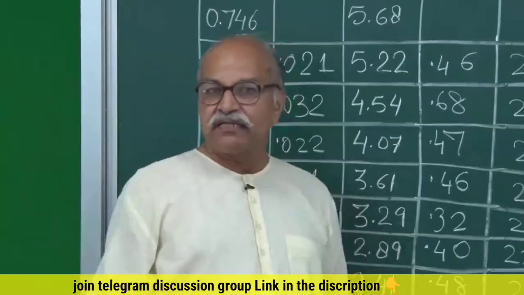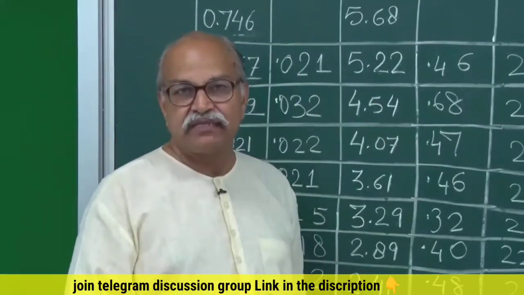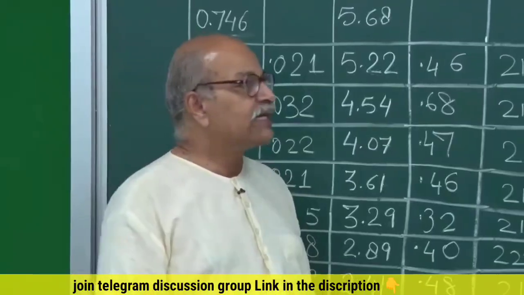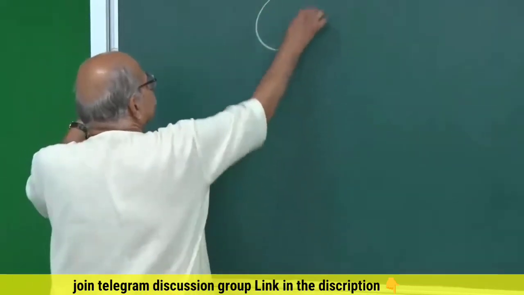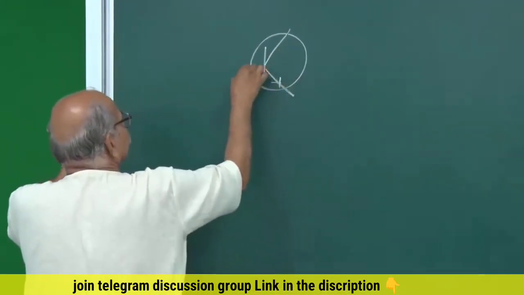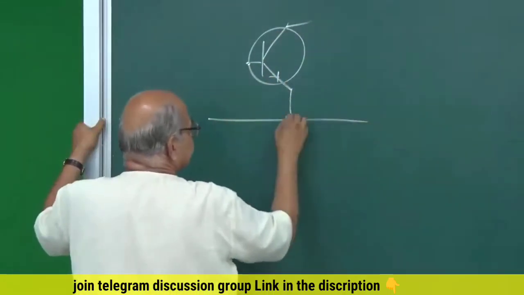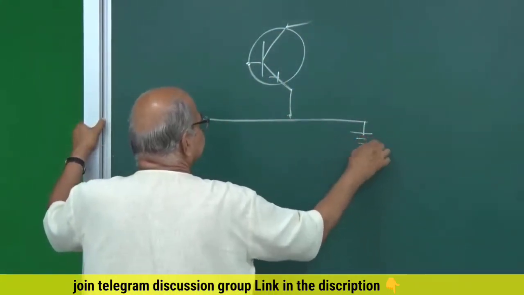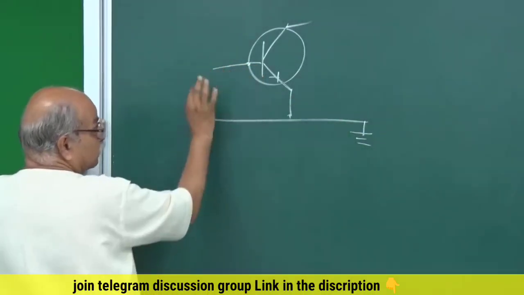So the circuit of a transistor as a switch will be the same as this common emitter circuit that we had done. Let me draw it again. So you have that transistor, and the emitter is grounded, and on the base side you have your controls here.